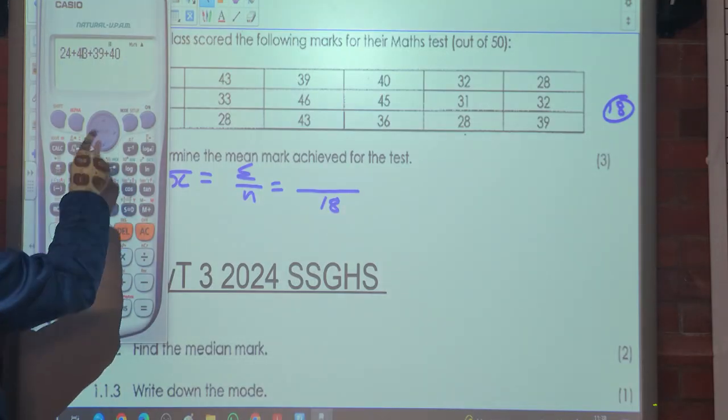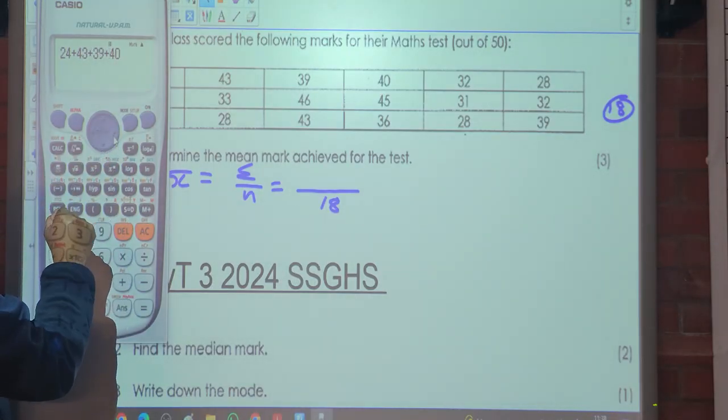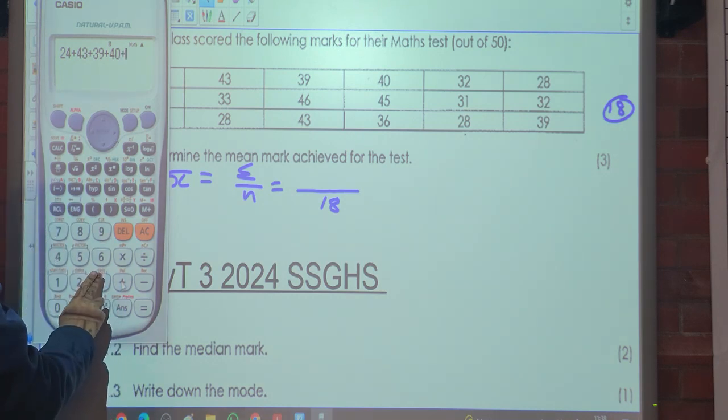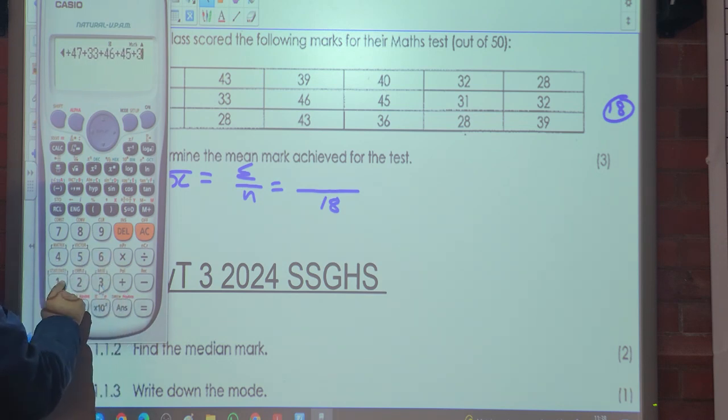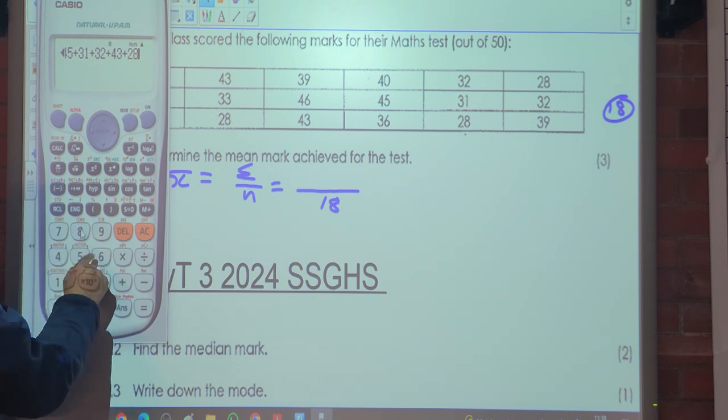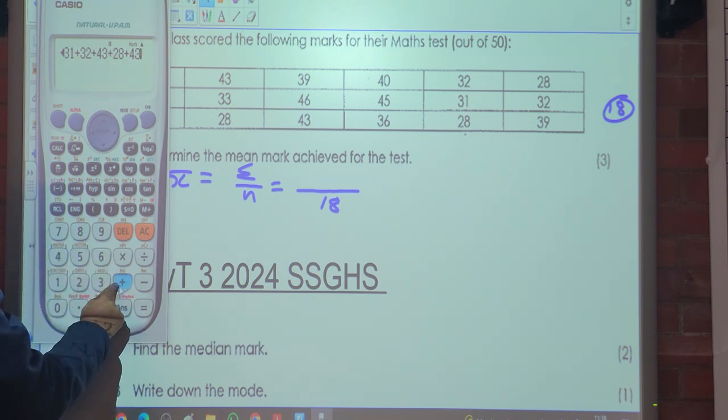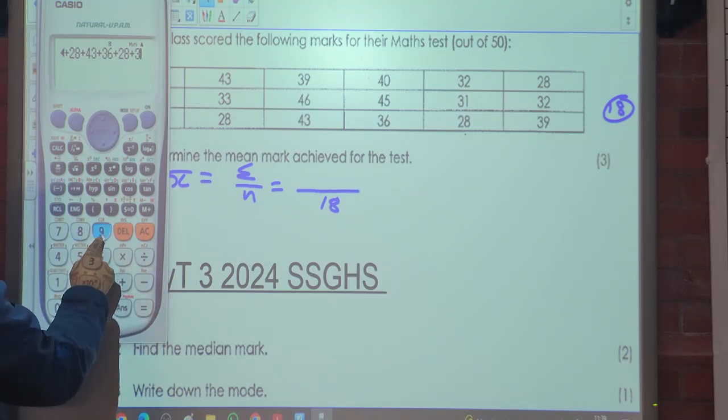Plus 32, 28, 47, 33, 46, 45, 31, 32, 43, 38, 28, 43, 36, 38, 28, 39.